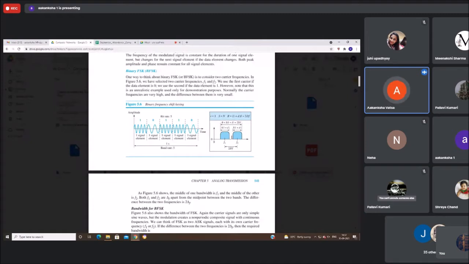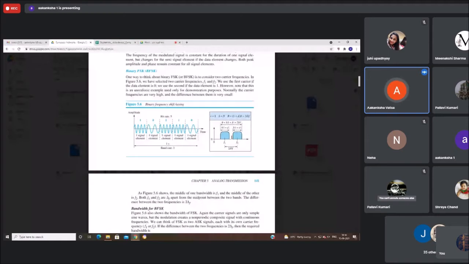So both F1 and F2 are delta F apart from the midpoint between the two bands, and the difference between the two frequencies is 2 delta F. So basically this is the spectrum for binary FSK, if we are using only two frequencies to represent ones and zeros. Now how to compute the bandwidth here?